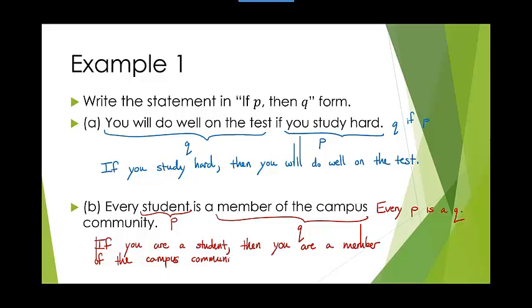Okay. So again, these two sentences are really the same. If you are a student, then you must be a member of the community. That's the same as saying that every student is a member of the community. So you can expect to see these questions where you have to recognize that these types of sentences are the same as regular conditionals.